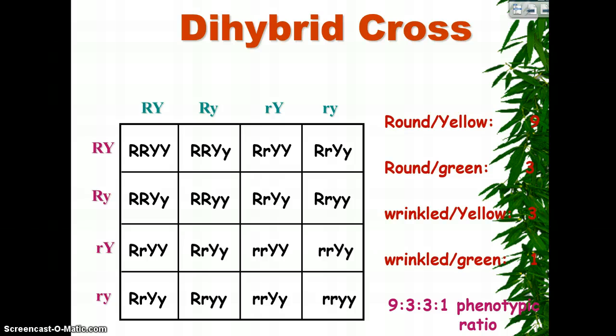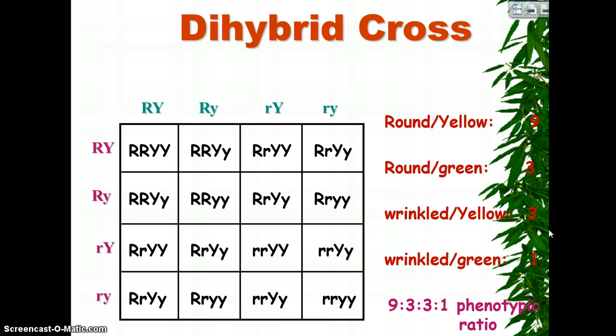And what Mendel noticed is when you do an F1 cross with a dihybrid, you always get these results. 9 out of 16 times you're going to have round yellow, which were the dominant traits. 3 out of 16 times you're going to get the round green, where the round's dominant and the green's recessive. 3 out of 16 times the wrinkled yellow, where the wrinkled's recessive, the yellow's dominant.